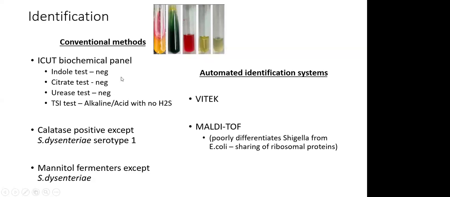So like that, we can biochemically identify, partially, which is the strain. Also, we can use automated identification systems, but it is of less use because it poorly differentiates Shigella from E. coli. As mentioned earlier, they belong to the same tribe, so there is sharing of ribosomal proteins. So it is a bit difficult to identify in automated identification systems.